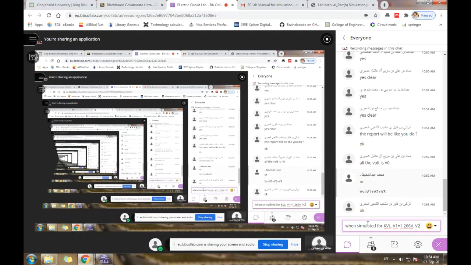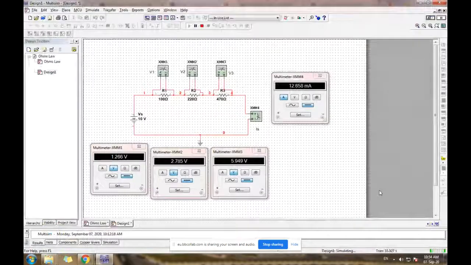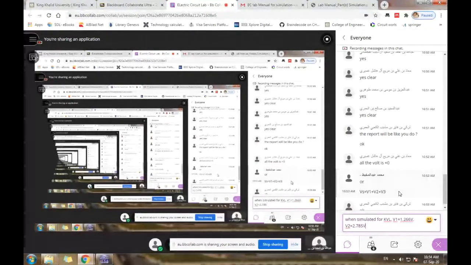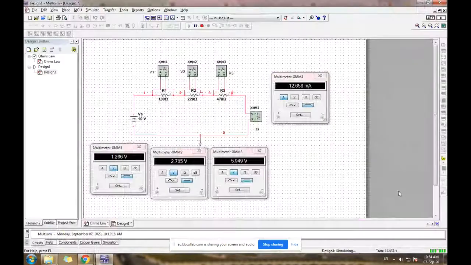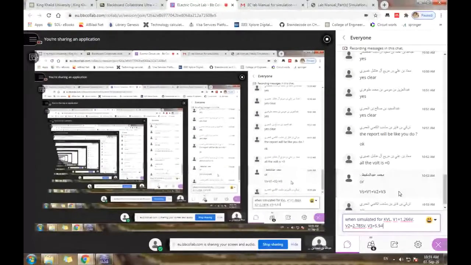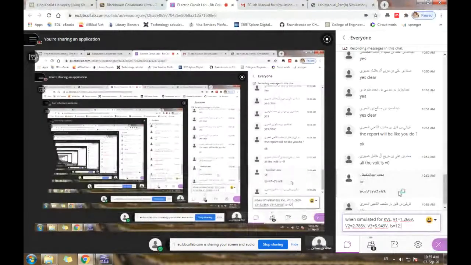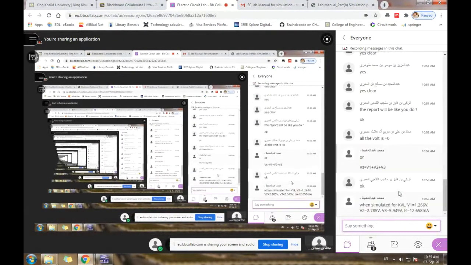V2 is 2.785 volts. V3 is 5.949 volts. And IS is 12.658 milliampere.